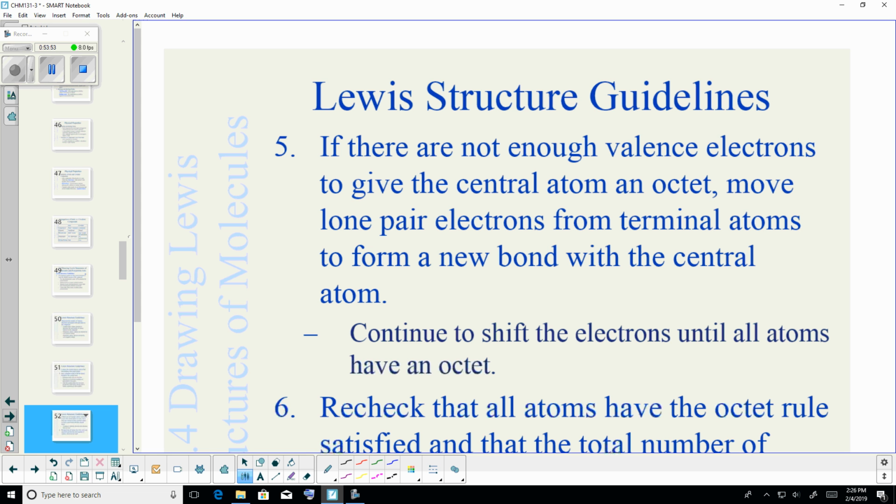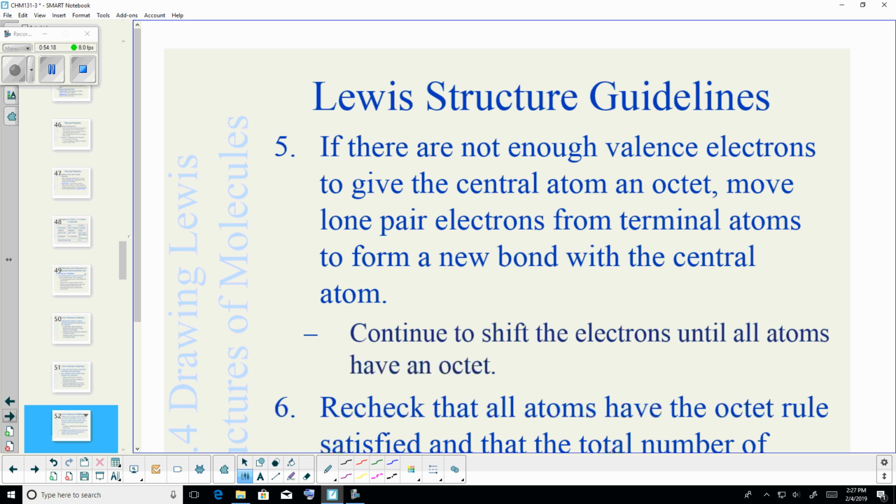And then lastly, check to make sure each atom has a complete octet.